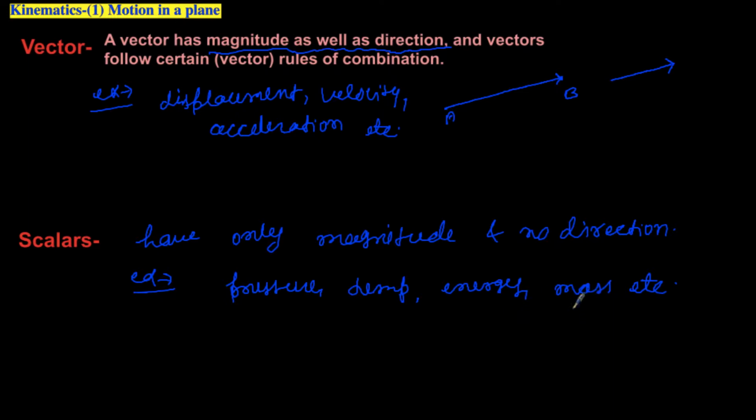Mass, 5 gram. You will tell directly that these have only magnitude. It doesn't matter about the direction. You only have to tell 5 gram. In which direction it has gone doesn't matter, because it is a scalar quantity.